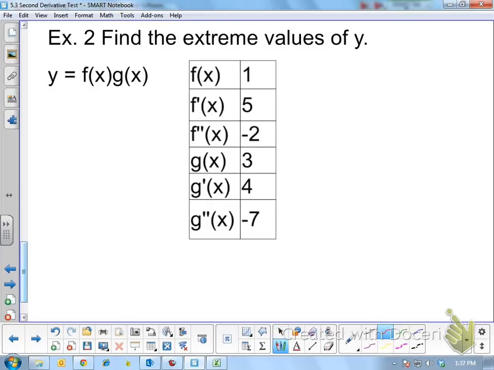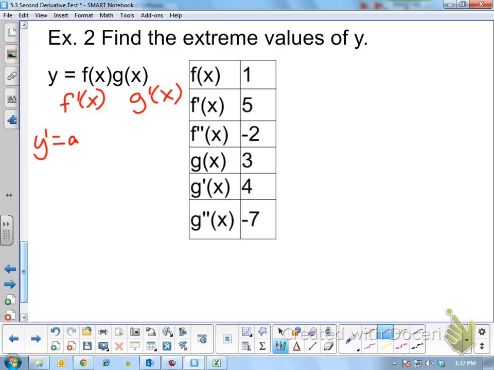Okay, so f of x, what's the derivative of f of x? And it's 5. g of x, g prime of x. Then we do low d high plus high d low, or second times derivative of the first plus first times derivative of the second.